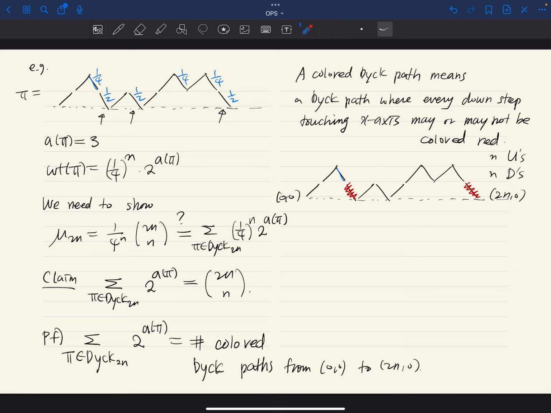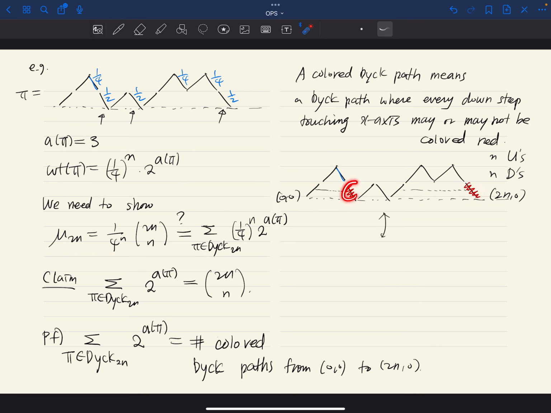And what I'm going to do is whenever we have a down step like this, just imagine that this is like a mountain and then you have a tunnel like this. I'm going to flip this mountain about the x-axis.